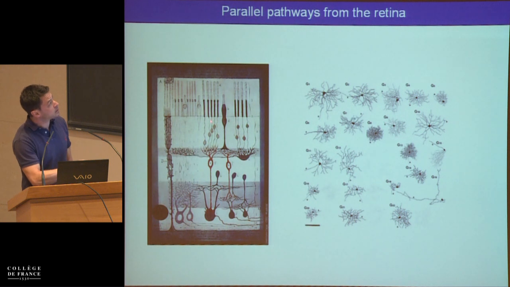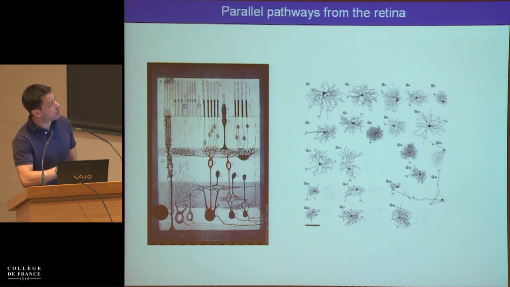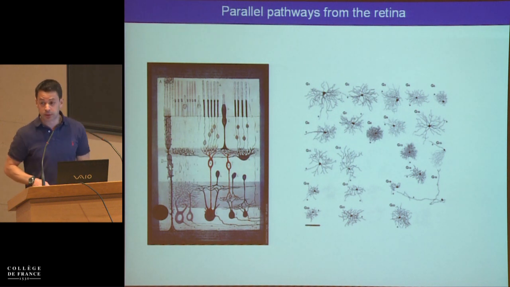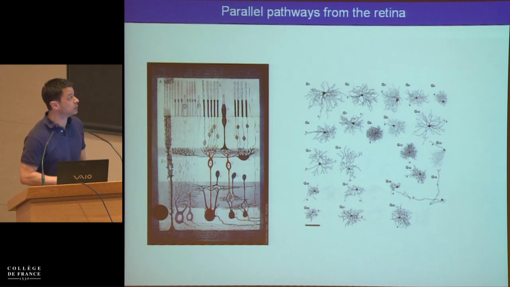And these make synapses with these cells, the bipolar cells, which in turn send this information onto the dendrites of retinal ganglion cells. And these vertical pathways in the retina are modulated by lateral connections that are made by horizontal cells and amacrine cells. And it's the axons of the retinal ganglion cells that connect the retina to a whole array of retina recipient targets in the brain.